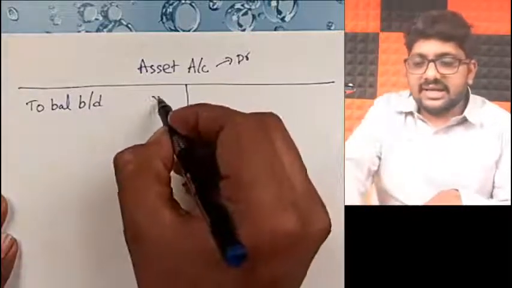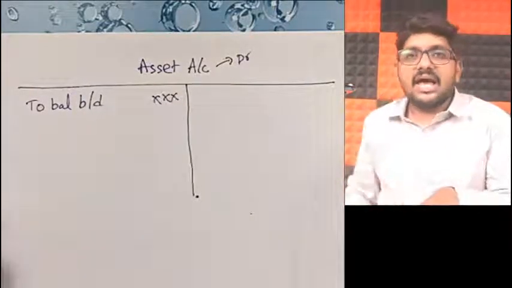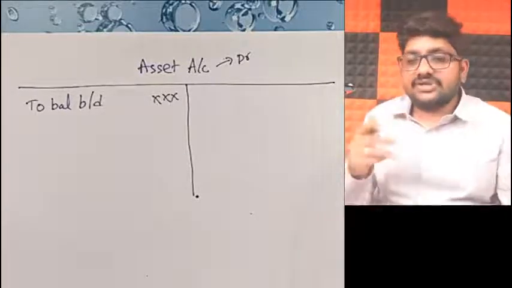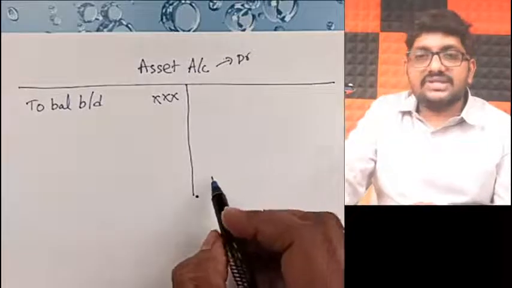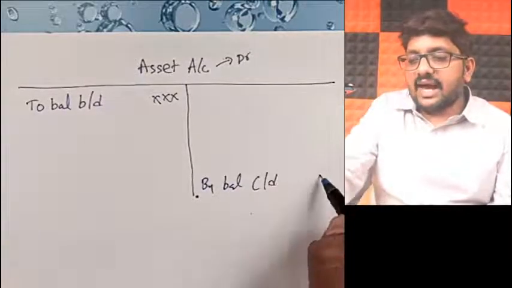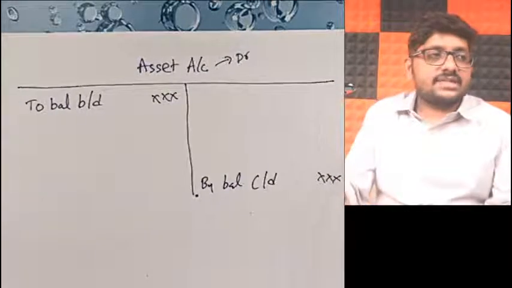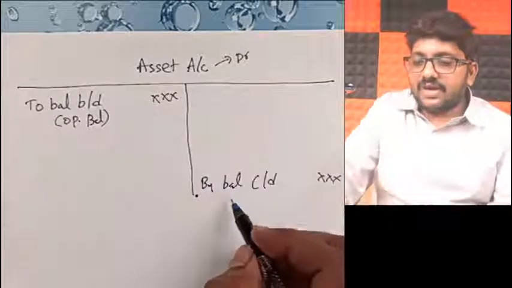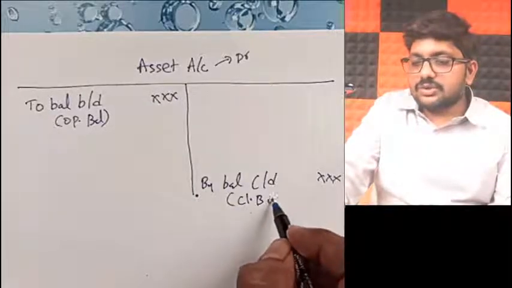You can write it any way. Opening balance will be on the same side and the closing balance on the opposite side, which means By balance carried down or carried forward. So that is my opening balance, and I have taken my closing balance also.